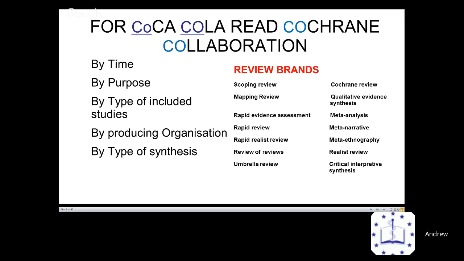Some, like Cochrane Review, or Joanna Briggs Institute Review, are named by the organization, and some by the type of synthesis, in other words, the technical process that takes place within the review. So not only are the labels multiple, but each label focuses on a different aspect of the review, making it difficult and challenging to compare.